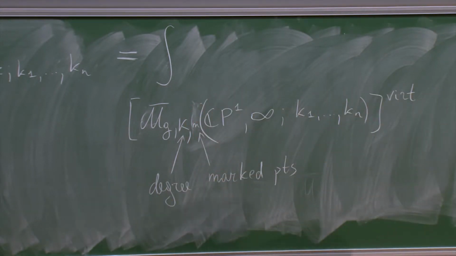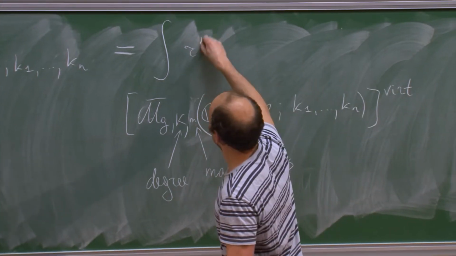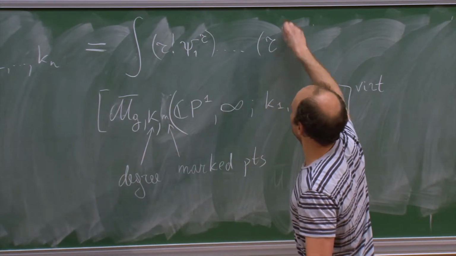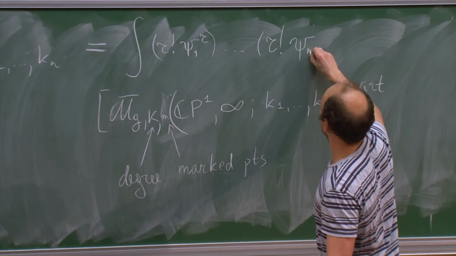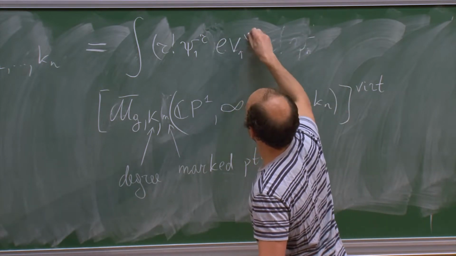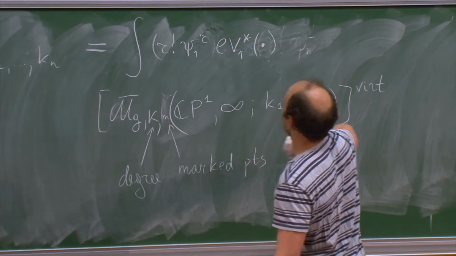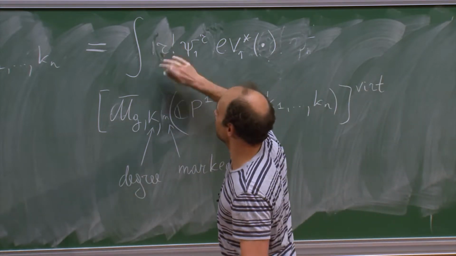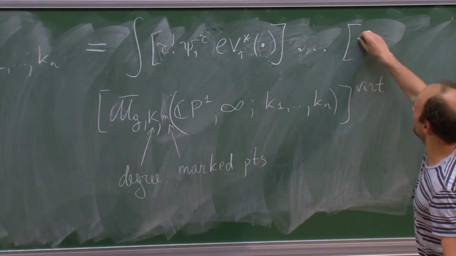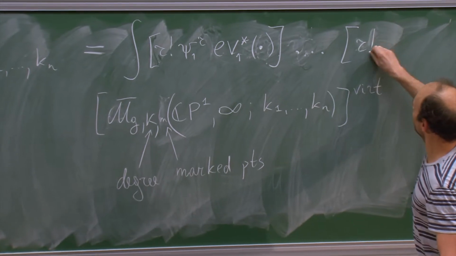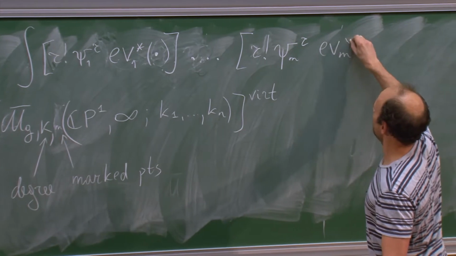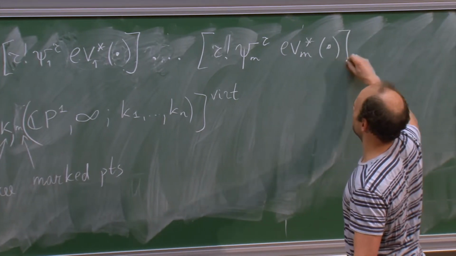So now I have m more marked points, and I can write r factorial psi_1 to the power r times the pullback by the evaluation map of a point, and so on, up to r factorial psi_m to the power r, the pullback of the class of a point by the evaluation map.